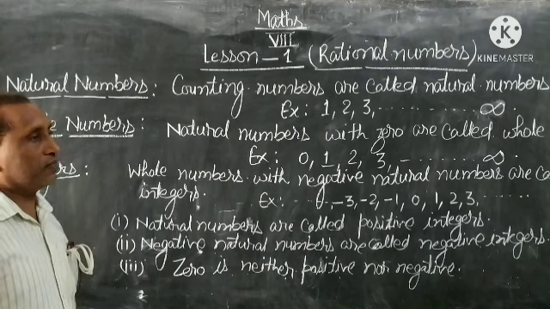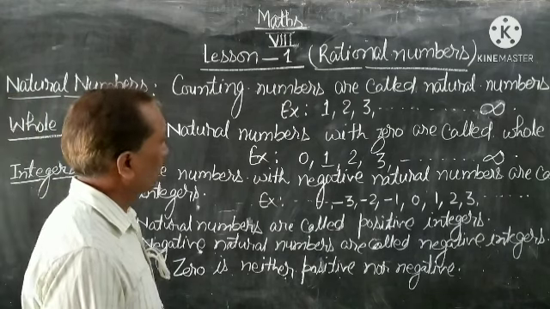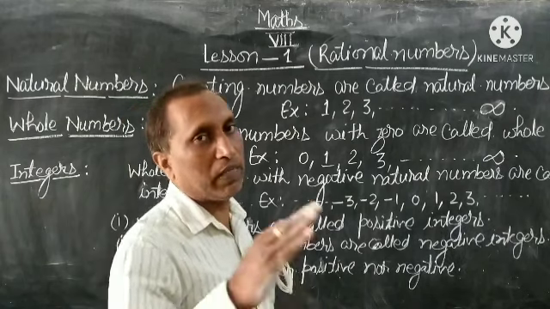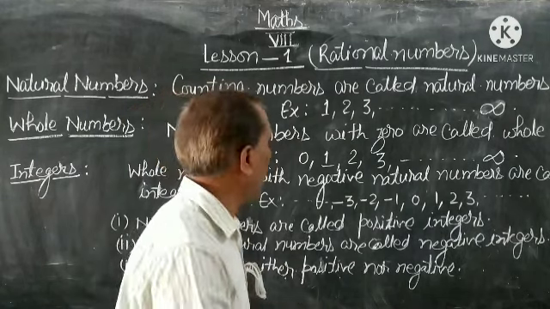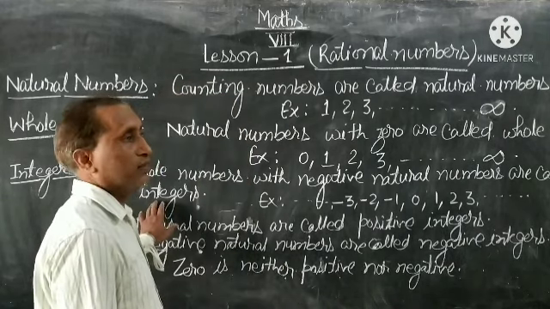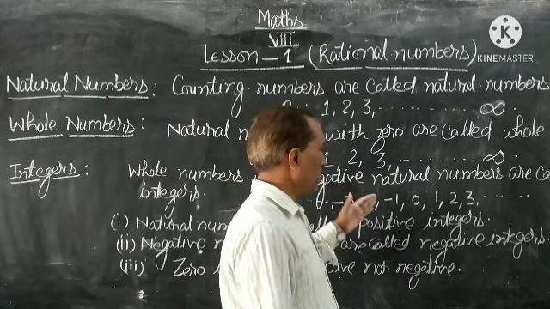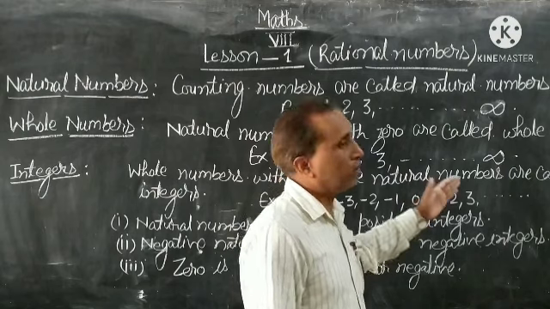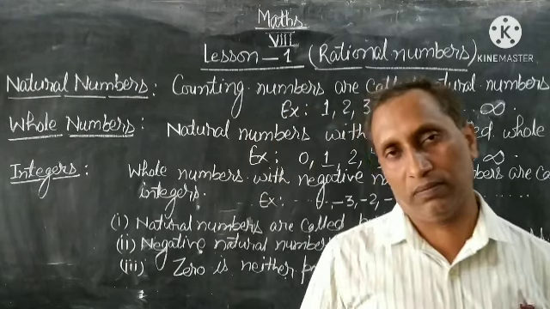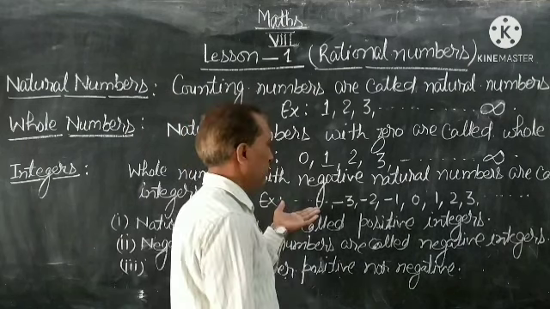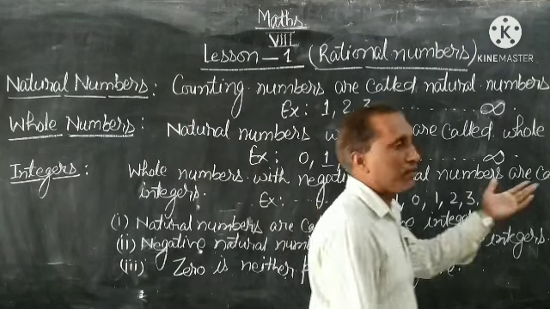Then the third topic is integers. Whole numbers with negative natural numbers are called integers. Example: -3, -2, -1, 0, 1, 2, 3 and so on. This means there is no limit on the left and right both.